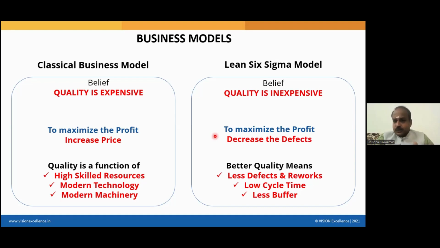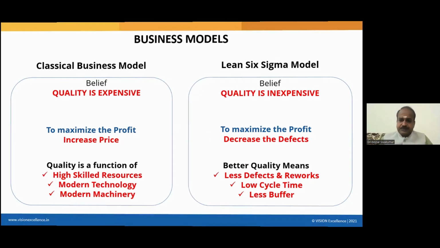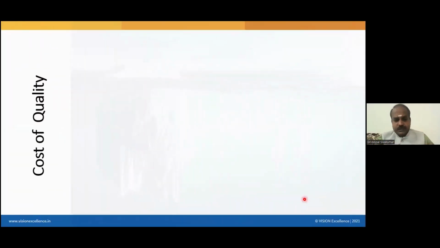And whatever is the resource you are investing, the inventory should be low. If you can make sure all these things, yes, your quality will be world class, best in class. So this is basically the difference between traditional model and operational excellence model.